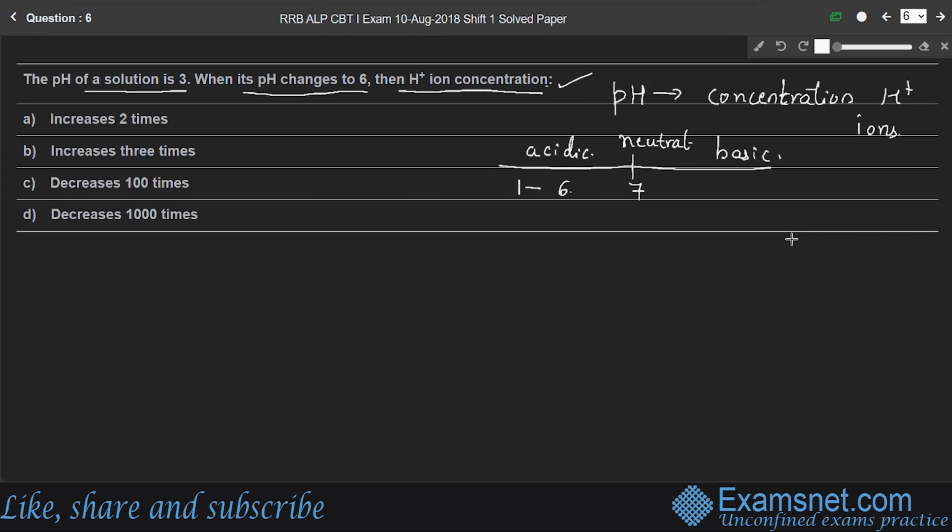It's a base, right? So from the range 1 to 6, or up to 7, hydrogen ion concentration will be more. At 1, there will be more hydrogen ions, and it decreases from 1 to 7.